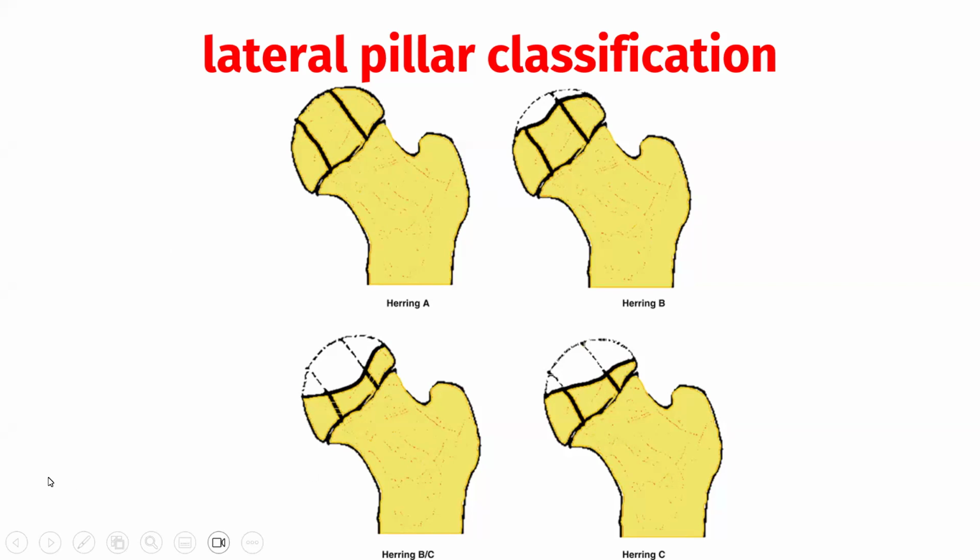In BC, likewise, it is around 50% exactly of collapse, while C, which is the worst prognosis, where you have more than 3/4 of the epiphysis gone, and there is less than 50% collapse.